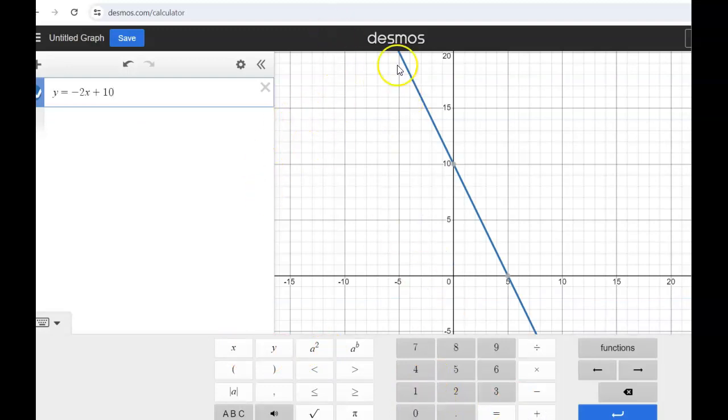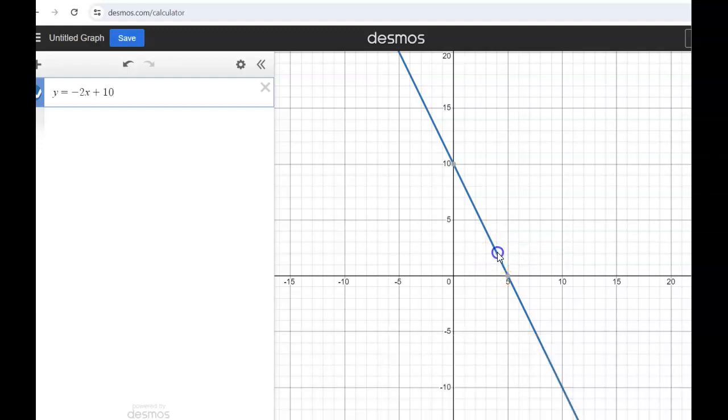So here we have in blue the equation of the line that has a y-intercept of 10 and an x-intercept of 5. But this line crosses through the point 4, 2.